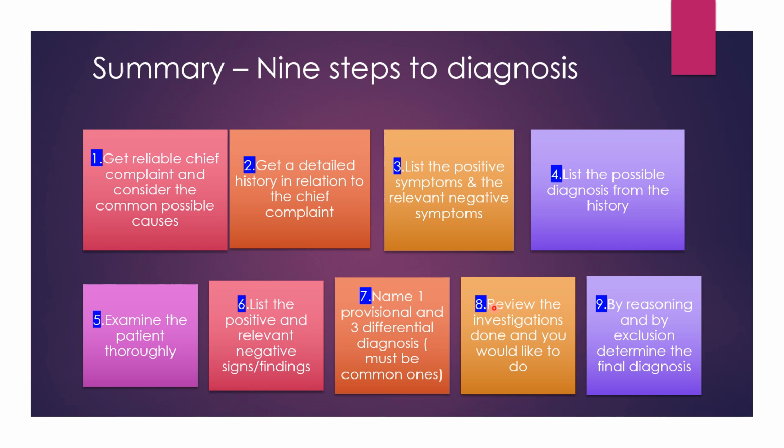Next step, review the investigations that have been done or that you want to be done. And finally, consider all the findings from the history, physical findings, and the investigations, and by reasoning and by exclusion, determine the final diagnosis of the patient.